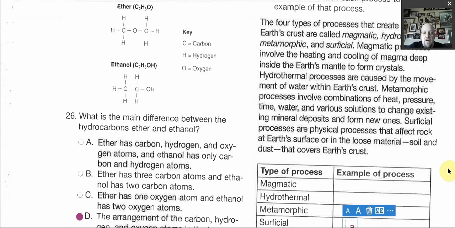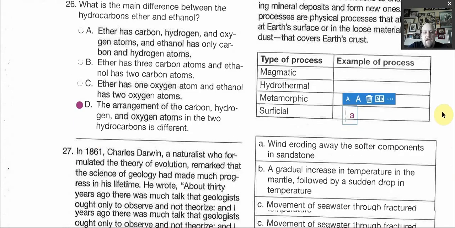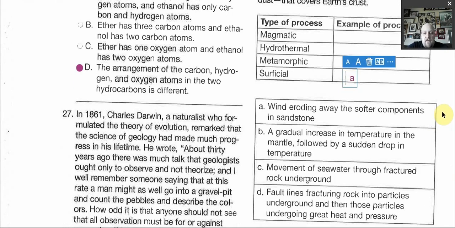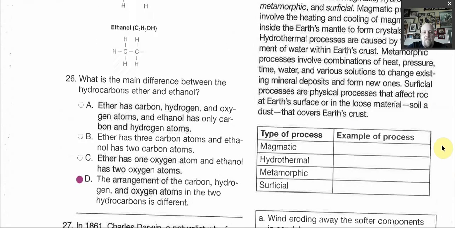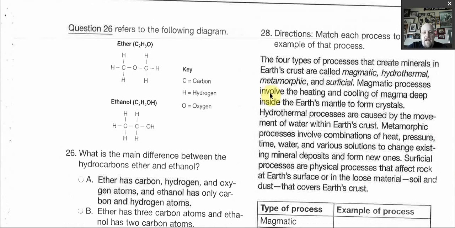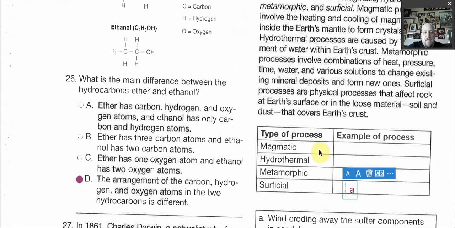So we look up here, magma deep inside the Earth's mantle to form crust is magmatic. So magmatic, involving the heating and cooling. So that is going to be B.